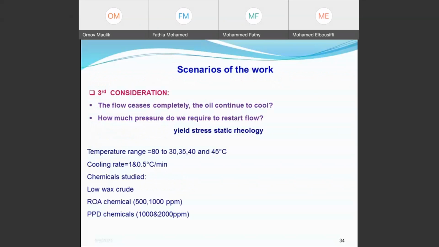The last scenario is when the flow ceases completely and the oil continues to cool. Here we choose temperatures from 80 to 30, 35, 40. The same chemicals.